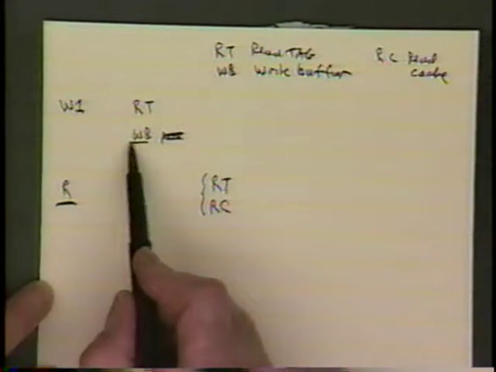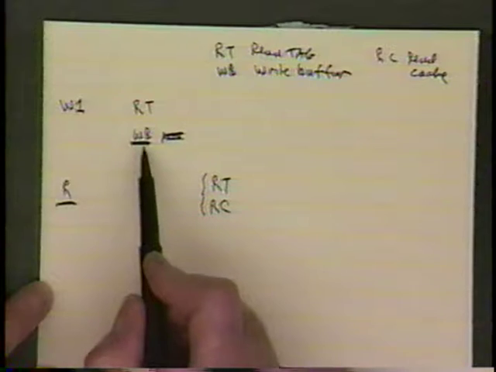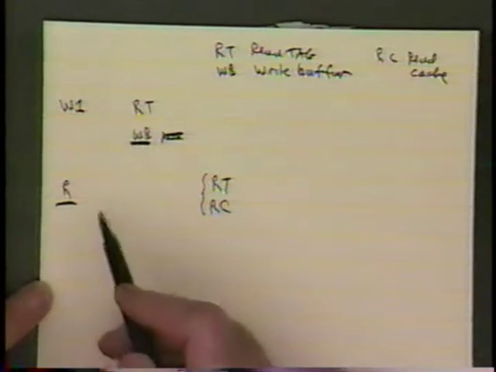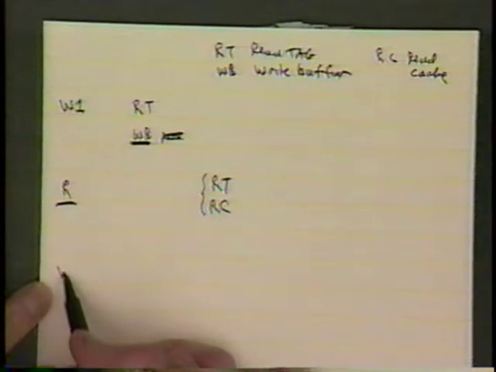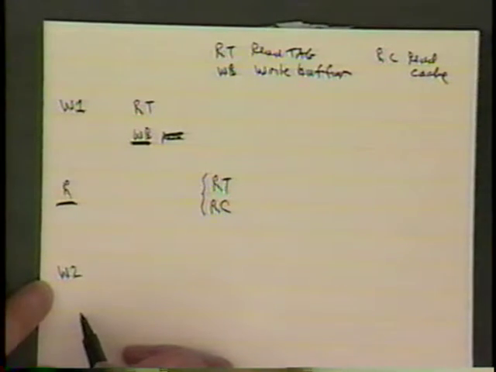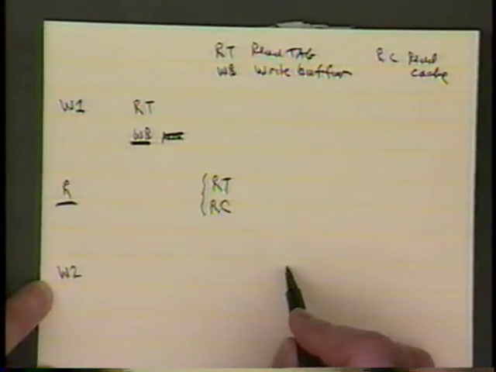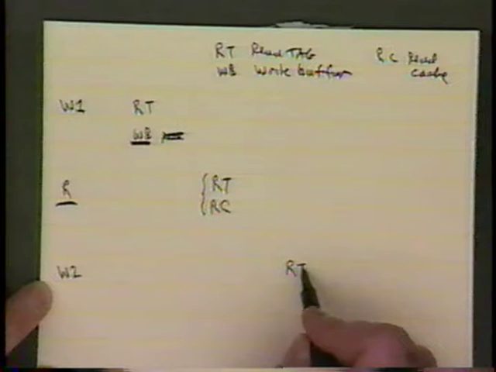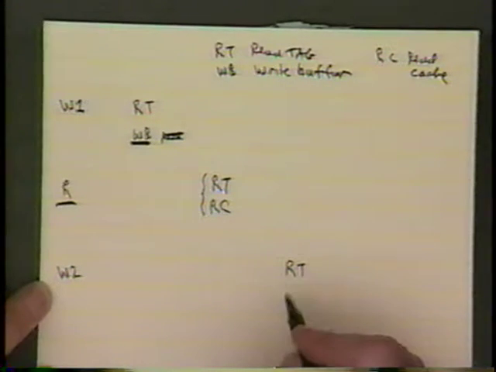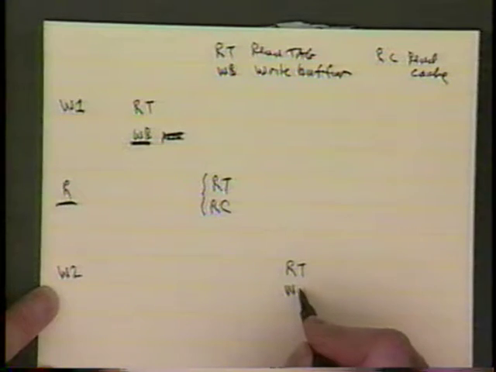In the meantime, I've still got this data waiting to get into the cache that's sitting in the write buffer. Well, the next time I do a write, I can begin doing a read tag. I can do a write cache.